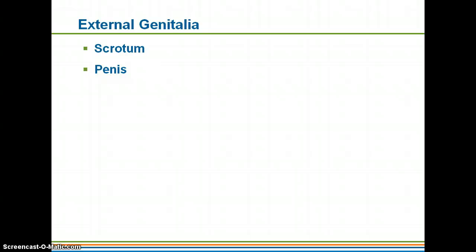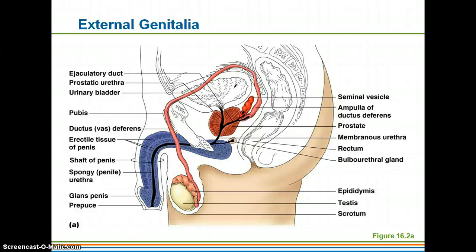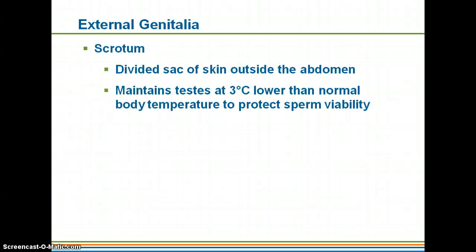And the external genitalia of the male is going to be the scrotum and the penis. Of course, the scrotum is going to be the skin that surrounds the testes outside the abdomen. It's very important that the male testes are located outside of the body, because they have to be maintained at a lower temperature than normal body temperature, or else the sperm would not be viable.